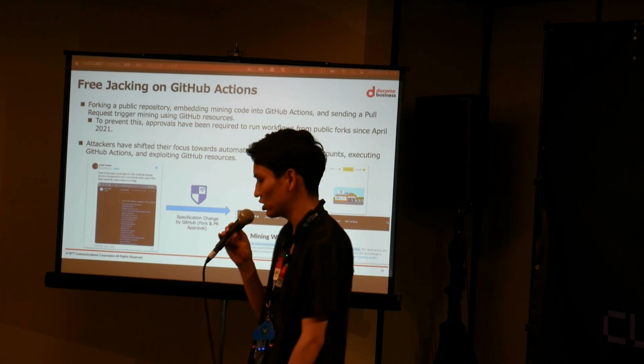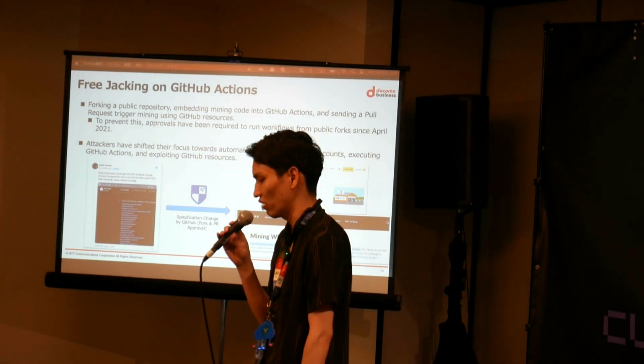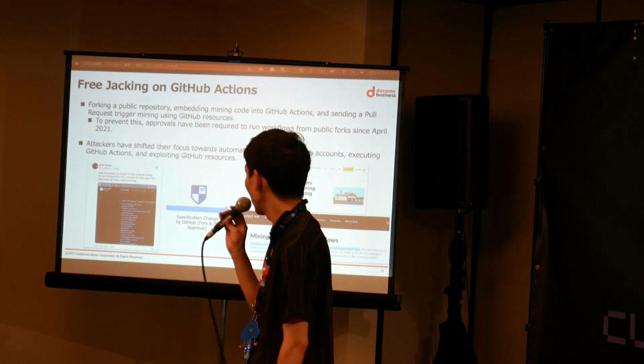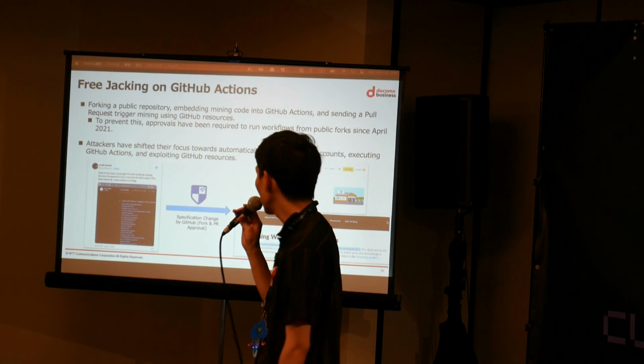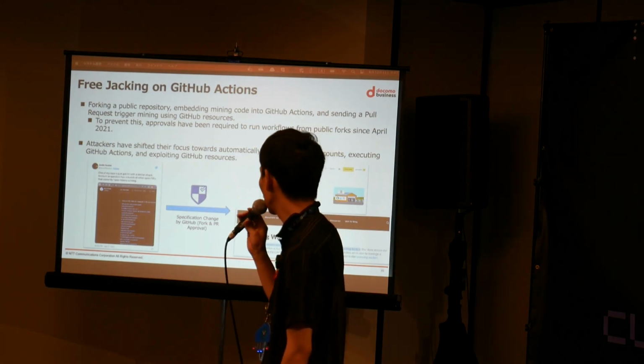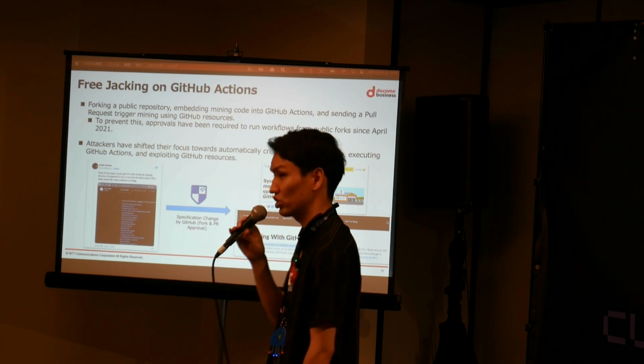To utilize GitHub resources, the attacker sends pull requests with mining code to run on other repositories. More precisely, forking a public repository, embedding mining code into GitHub Actions, and sending pull requests triggers mining using GitHub resources.